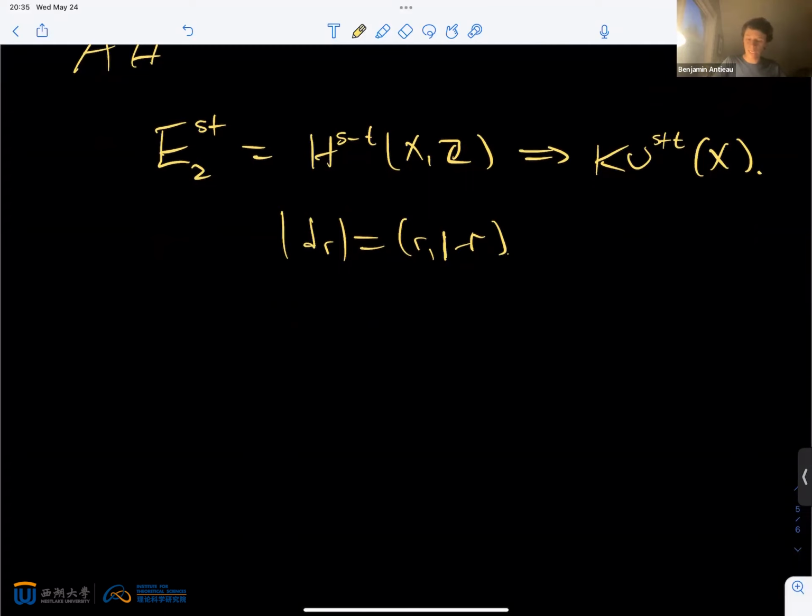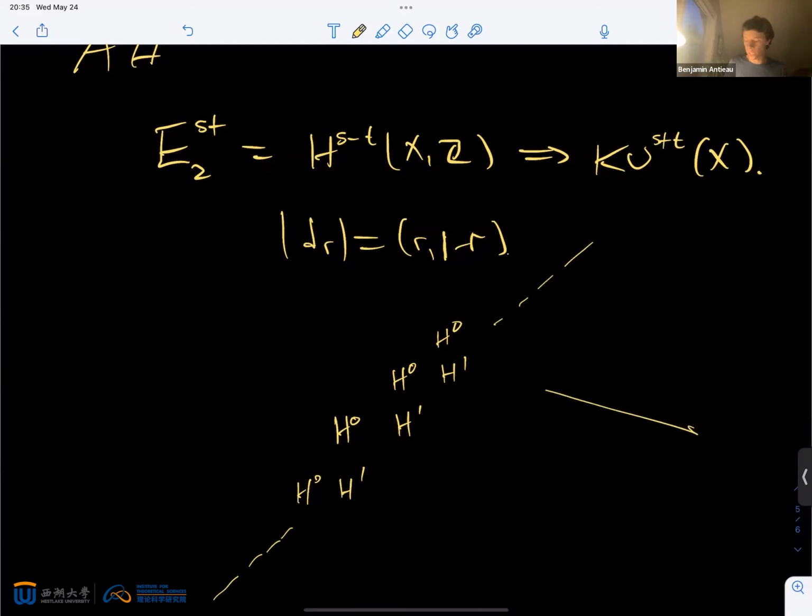When you draw this out, on the main diagonal you get H0, H0, H0, and so forth. One below the main diagonal, you get H1, H1, H1, and so forth. The differentials roughly go this way.